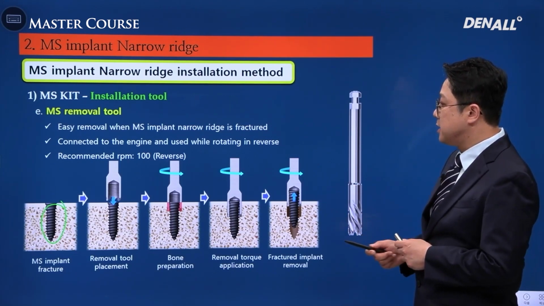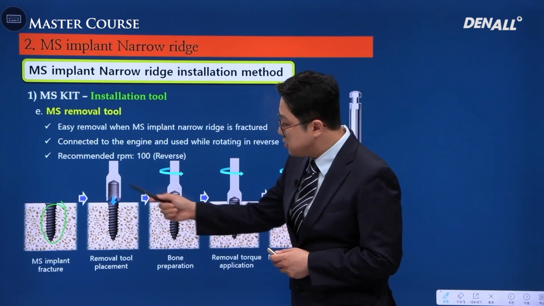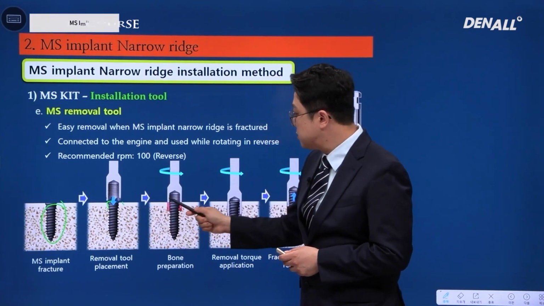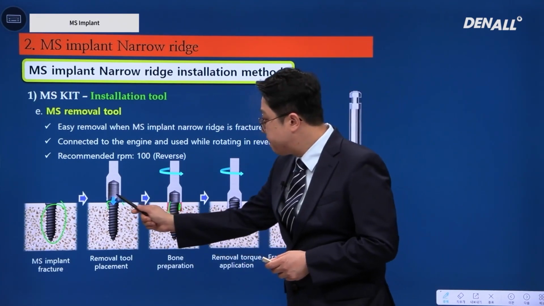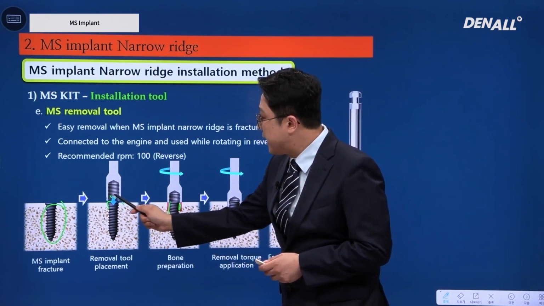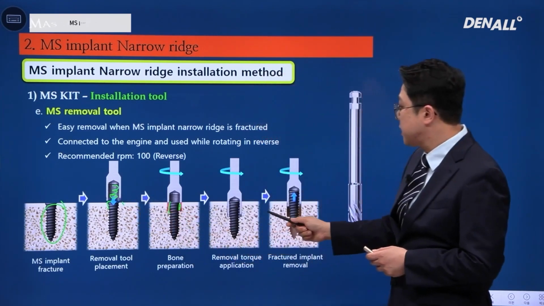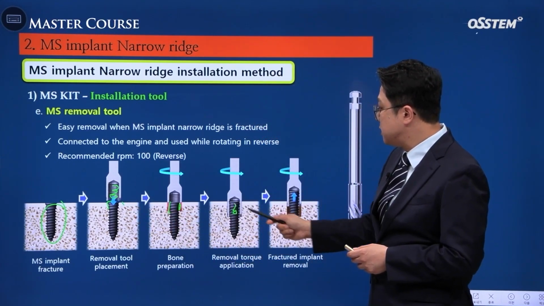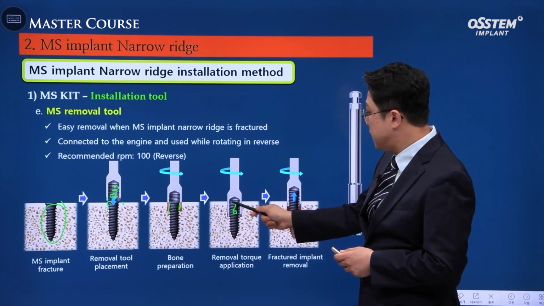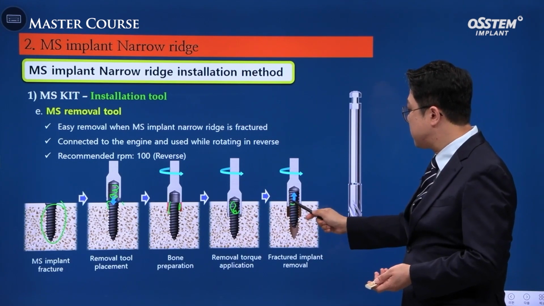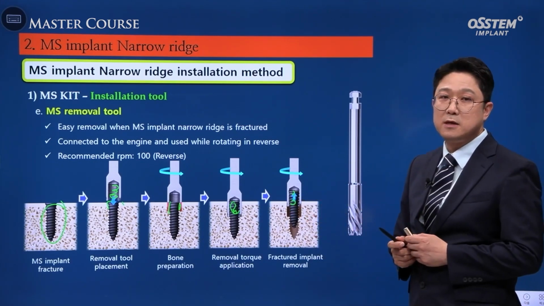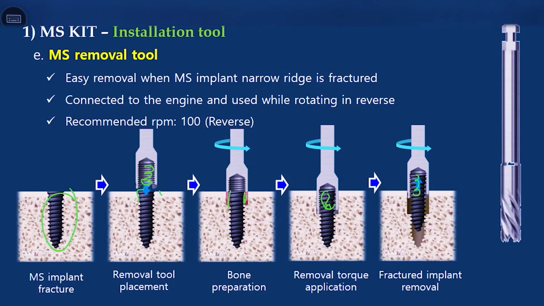If you rotate it counterclockwise, the bone will be prepped, and within the removal tool, there's thread like this, and if you rotate it counterclockwise, the fractured MS implant will be connected and it will come off. MS removal tool can be used to remove MS implant. The MS removal tool is a characteristic part of the kit for removing fractured MS implants.